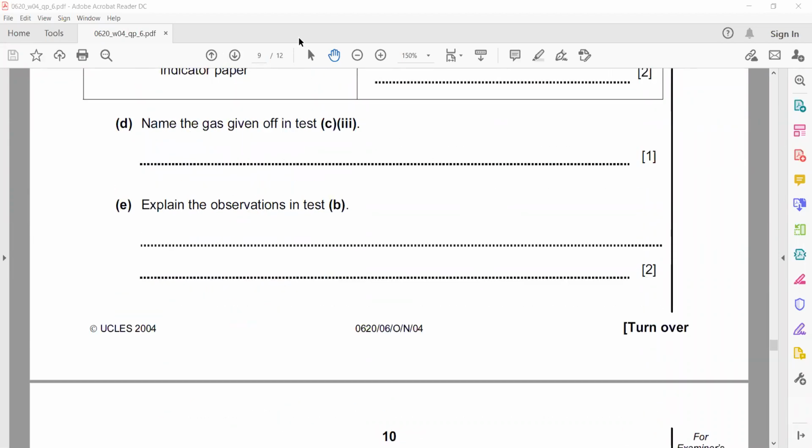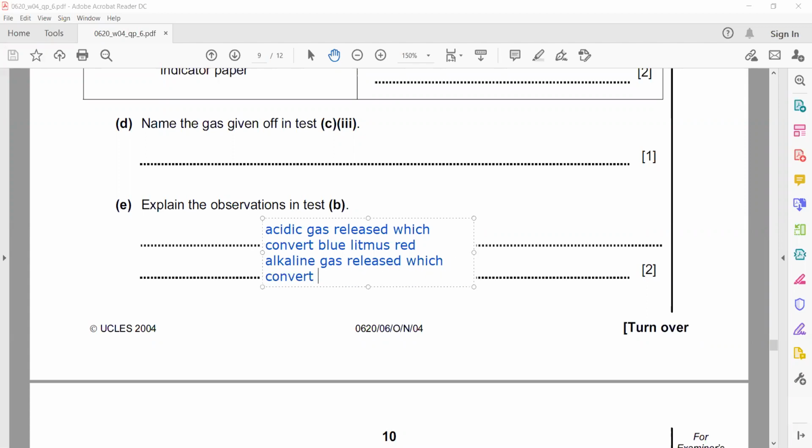So it shows that acidic and alkaline gases are given off. The acidic gas converts blue litmus red, and the alkaline gas converts red litmus blue. Is it clear?